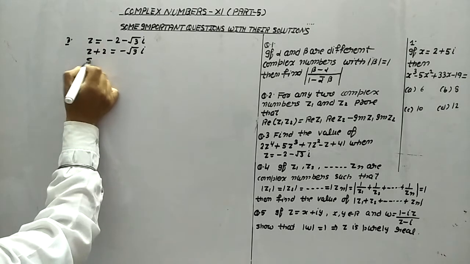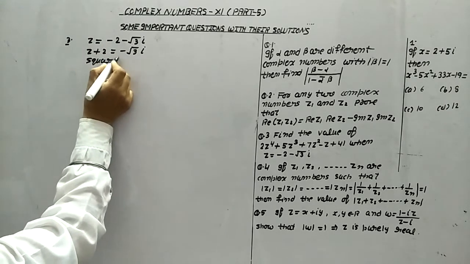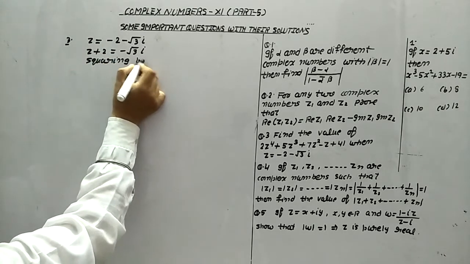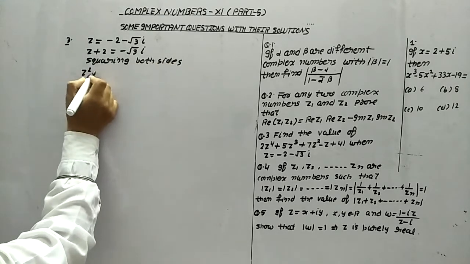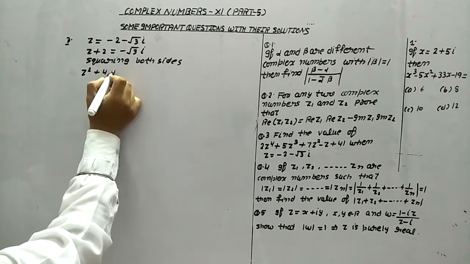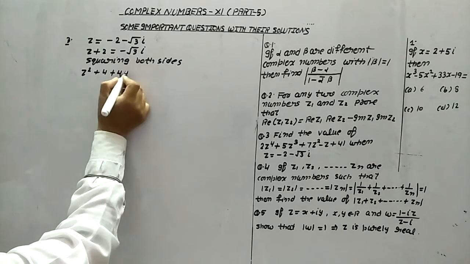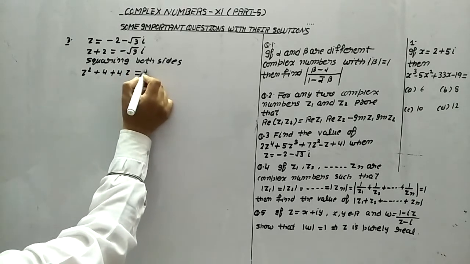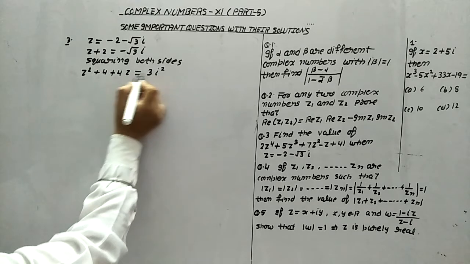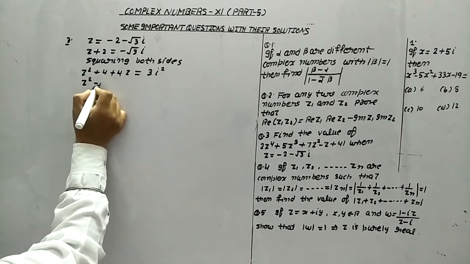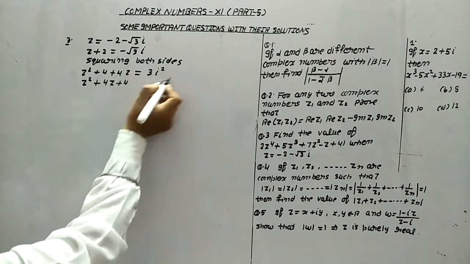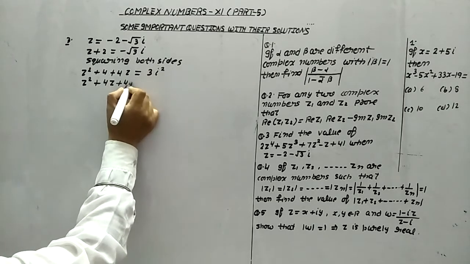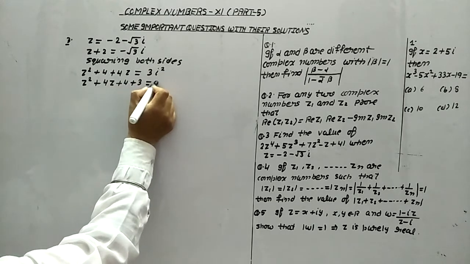Now squaring both sides, what will come? It will come z square plus 4, and this is minus 4 plus 4z. This is root 3 means 3 i square, and i square means minus 1. It means z square plus 4z plus 4, and this minus 3 will come on this side, is equal to 0.